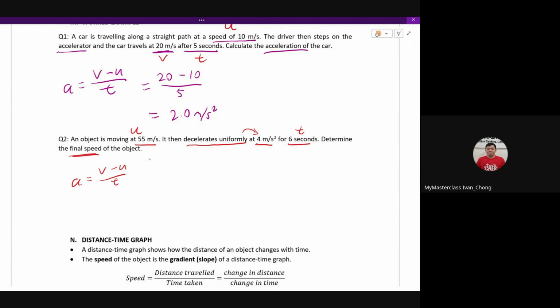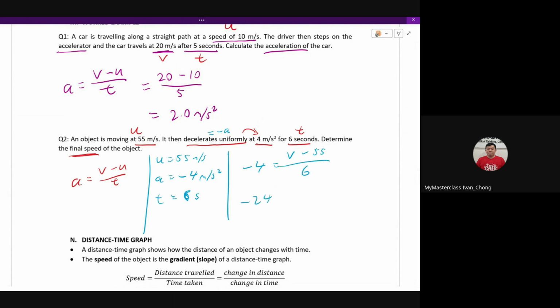All right, so let's take a look. Ask yourself first, u is 55. What's acceleration? Acceleration is actually negative 4. Because remember, your deceleration is 4. Okay, so if deceleration is 4 meters per second squared, a must be negative 4. So time is 6 seconds. Right, so now all we need to do is negative 4 equals v minus 55 divided by 6.